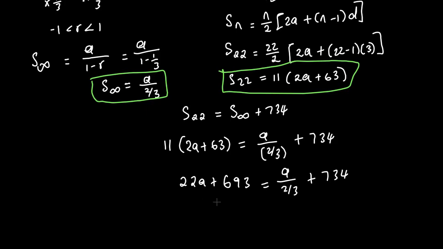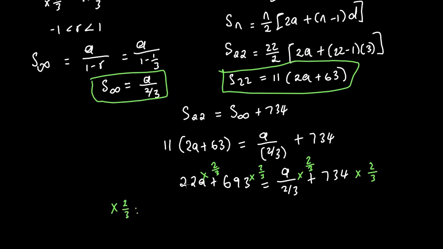Here it's just a bit of mathematics. What I always tell people is that if you have a denominator, multiply everything by the denominator. So I'm going to multiply everything by 2 over 3.